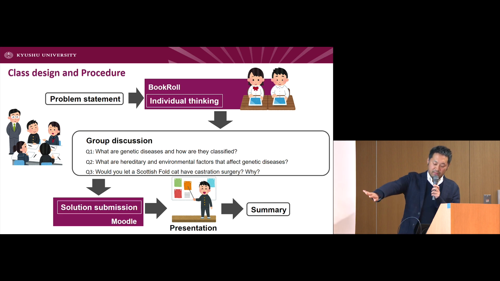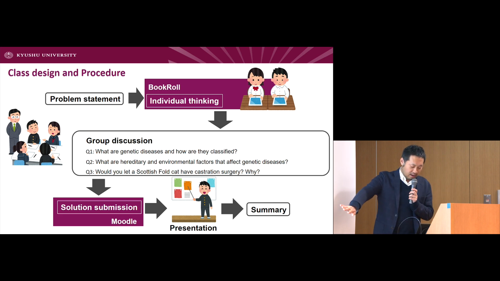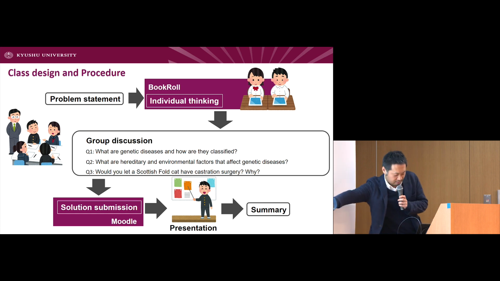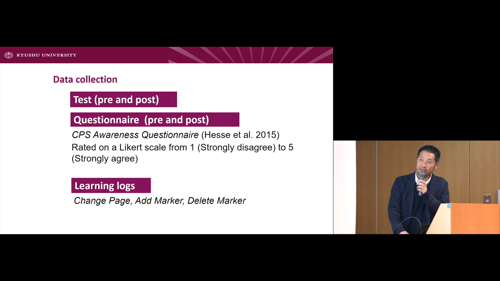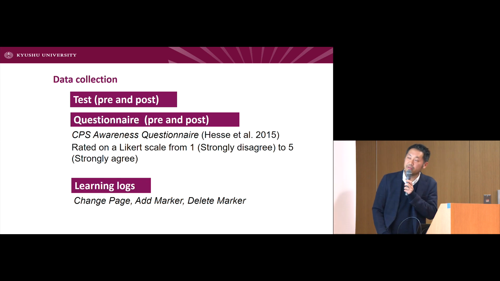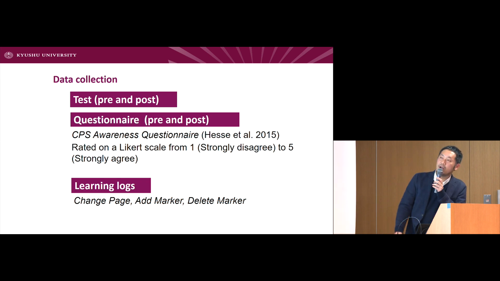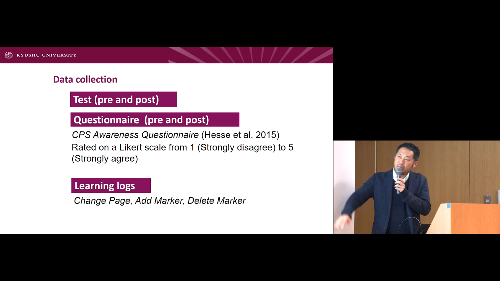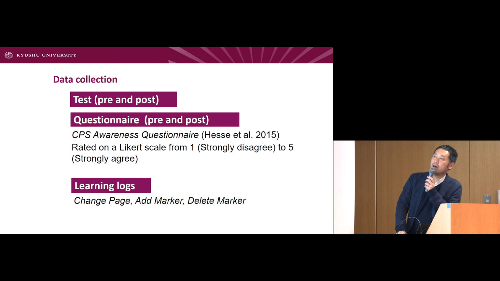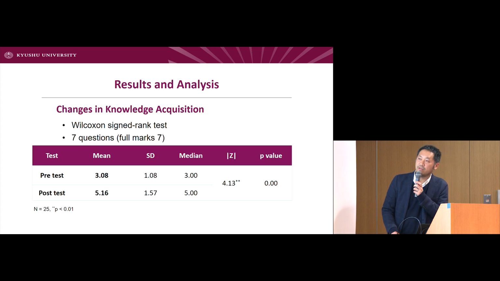Then, group members made a presentation in front of the class, and the teacher wrapped up the class. We collected three types of data. One is the test, the second is the questionnaire, and the last is learning logs. In the questionnaire, our team employed the CPS awareness questionnaire, which has high reliability and validity. This is the results page.